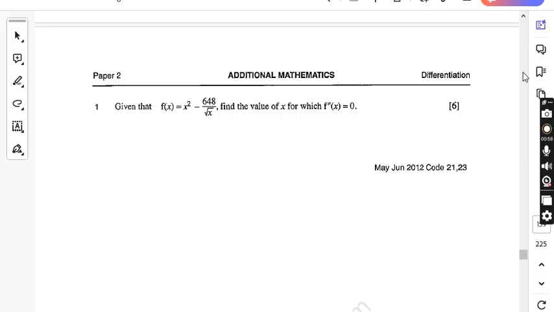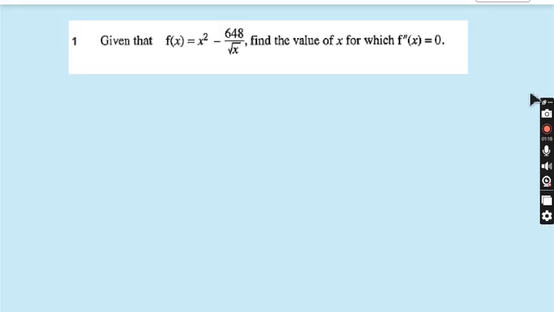Let's have a look at question number 1. Given that f(x) equals x squared minus 648 upon the square root of x, find the value of x for which the double derivative of f(x) equals 0. Very easy question.